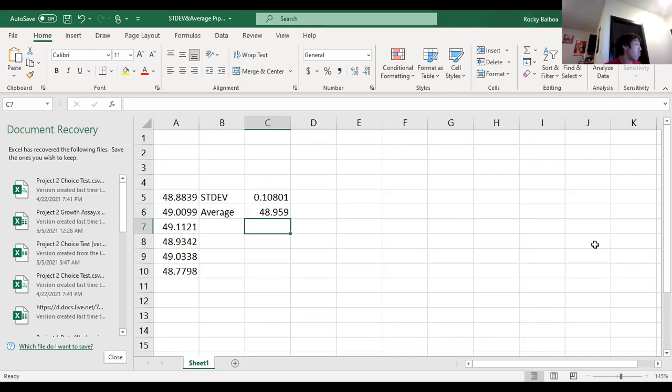Because standard deviation is reported with 1 sig fig, it's just going to be 0.1. Then we would have 49.0 as our average.